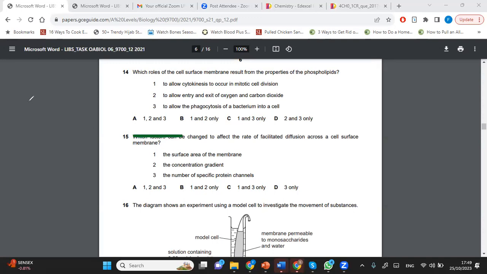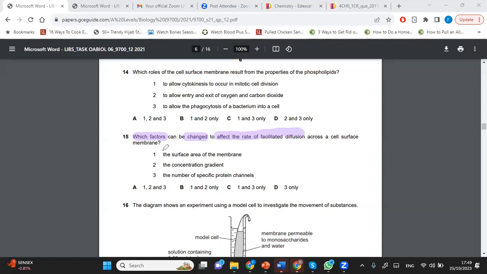Which factors can be changed to affect the rate of facilitated diffusion? What do you think? First is the surface area of the membrane.